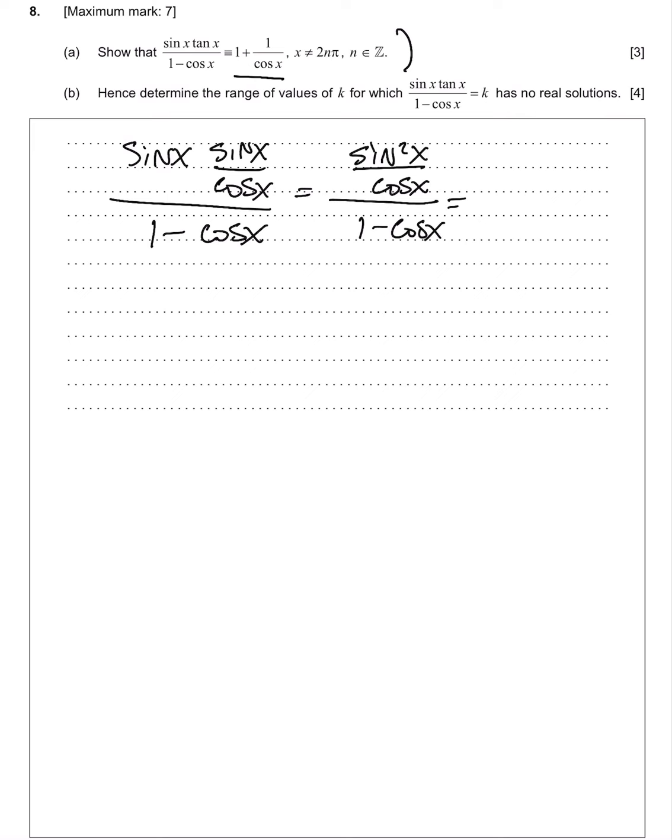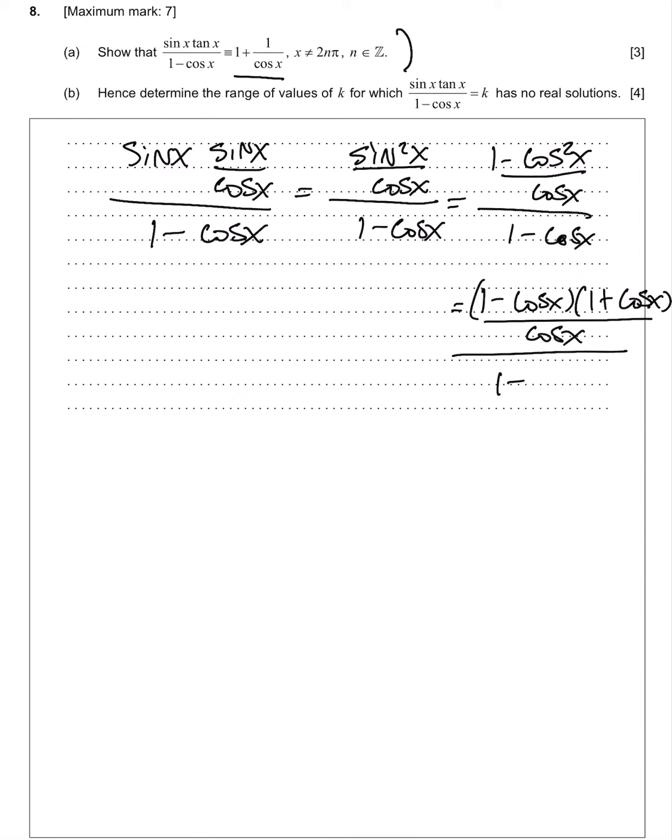As always, our fundamental trig identity is that sine squared plus cosine squared equals 1. So that sine squared therefore equals 1 minus cosine squared. And 1 minus cosine squared is 1 minus cos of x times 1 plus cos of x.